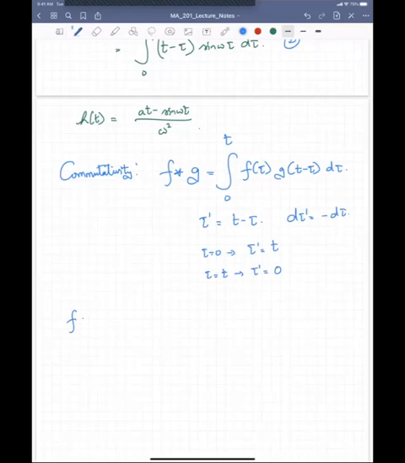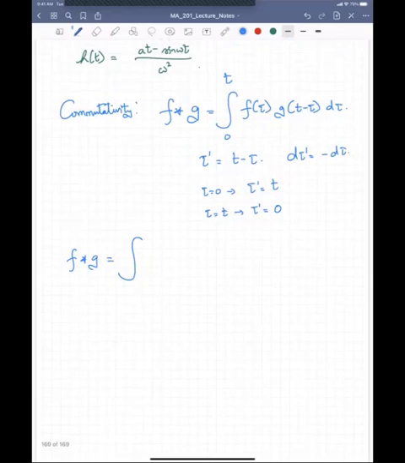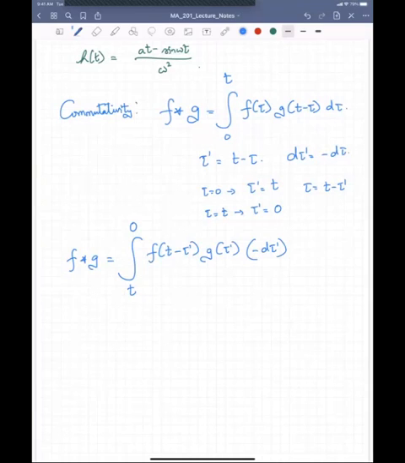So f convolution g, I will write in this change of variables. So the limits are in tau prime. When tau is 0, tau prime is t. When tau is t, tau prime is 0. Tau is now t minus tau prime. So this is f of t minus tau prime, g of tau prime, and d tau is minus d tau prime.